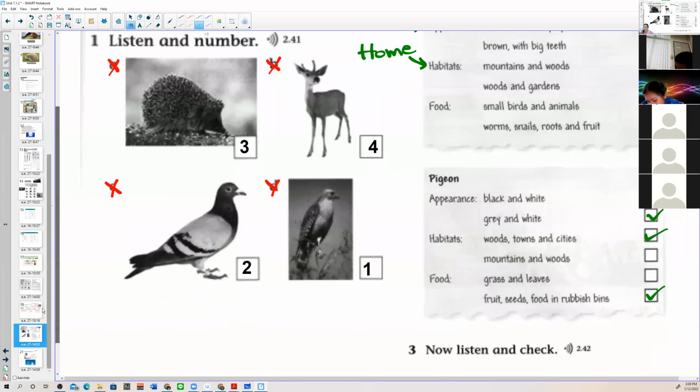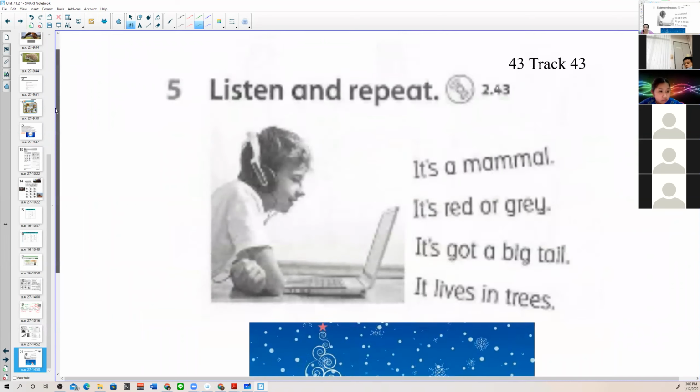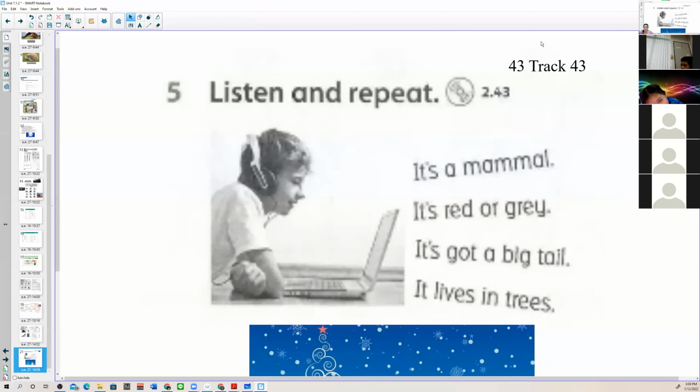All right, for the last exercise of today, I'd like you to unmute the mic and repeat. Listen and repeat. Listening 2.43. It's a mammal.